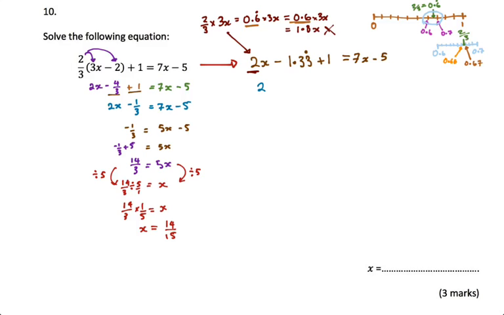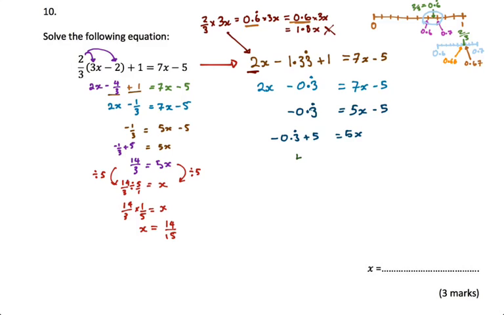Okay, if you had gone down this method and you got the expansion correctly, then you might have combined like terms here and said, well, minus 1.3 recurring plus 1 is negative 0.3 recurring. And some people did get to this stage, and even got to this stage where they took away 2x from both sides. Then they might have added 5 to both sides.